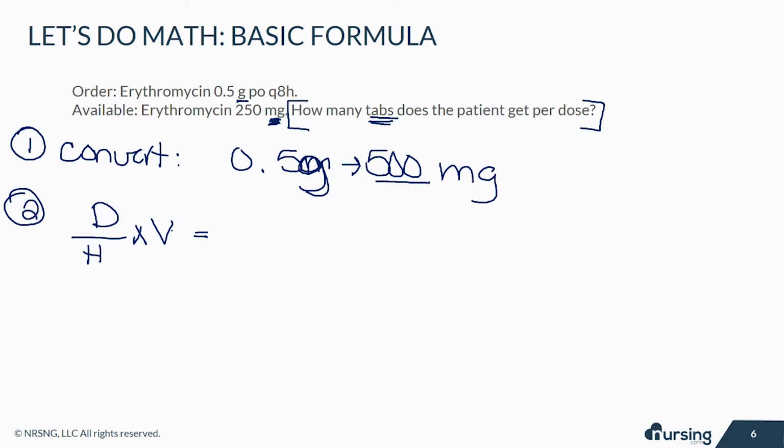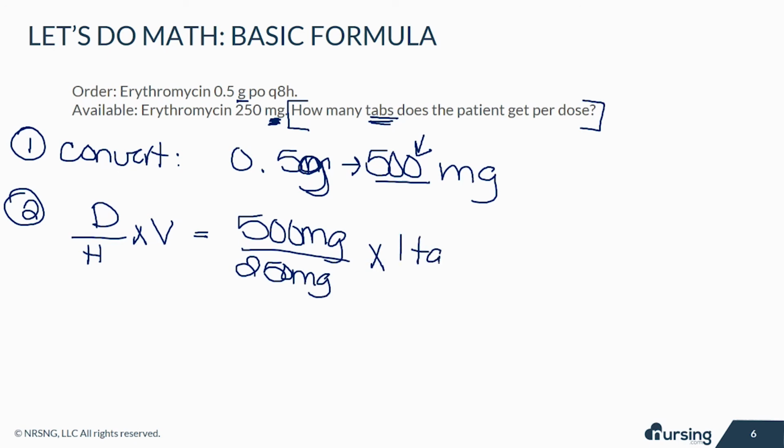Okay, so we're back. I'm hoping that you did this the same way. Our desired dose is 500 milligrams. That is our ordered dose that we converted. What we have on hand is 250 milligram tabs. Your vehicle is going to be times 1 tab. Simply put, you can cancel out your milligrams, and you should have hopefully been left with the number 2.